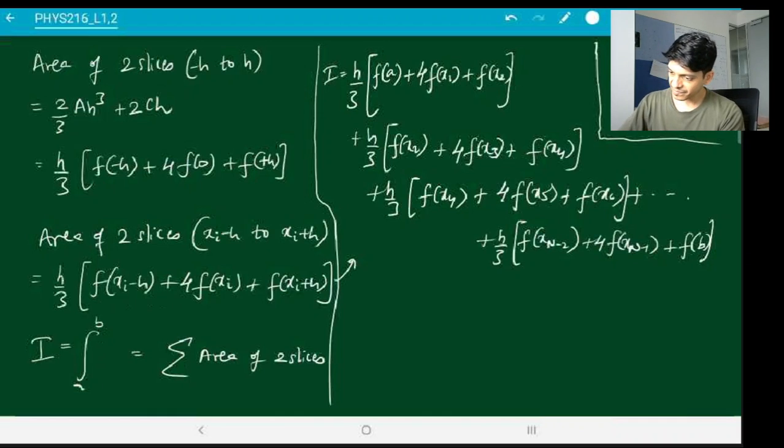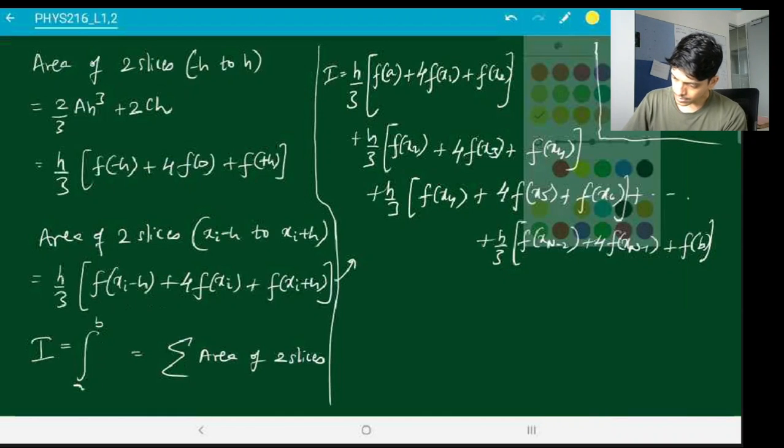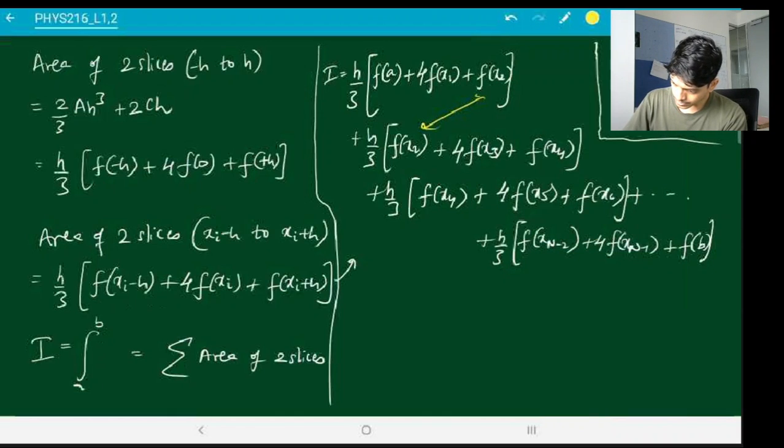So now you will notice that x2 comes twice, x4 comes twice, and so on. All the even numbered contributions are coming twice. All the odd numbered contributions come 4 times. And then of course there is the first one and the last one.